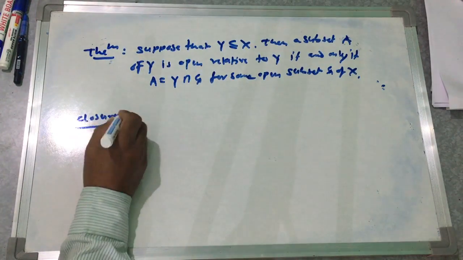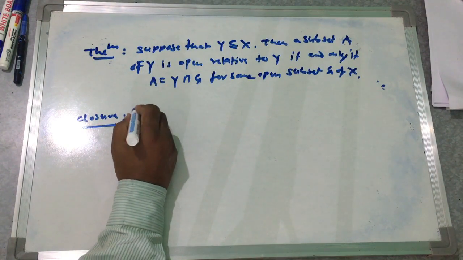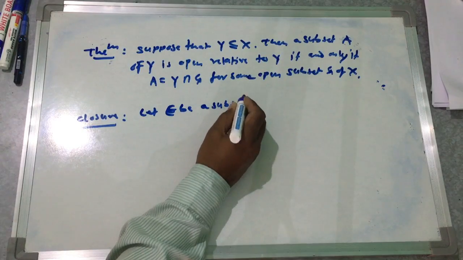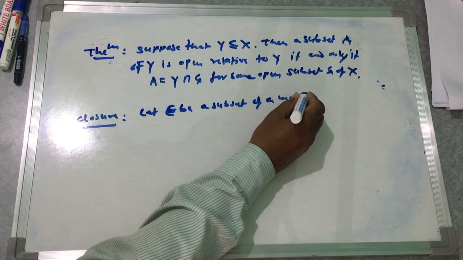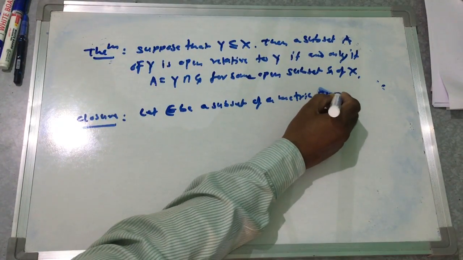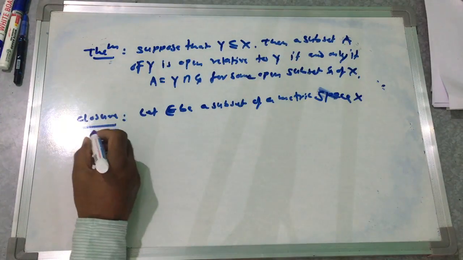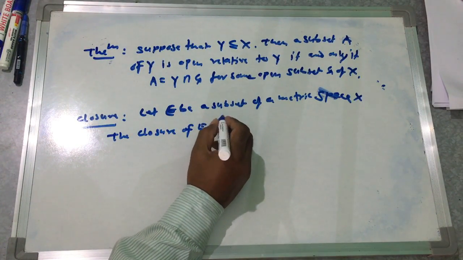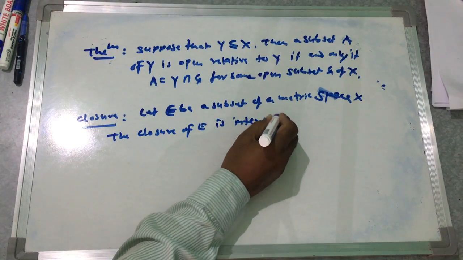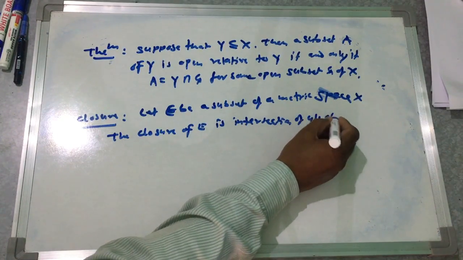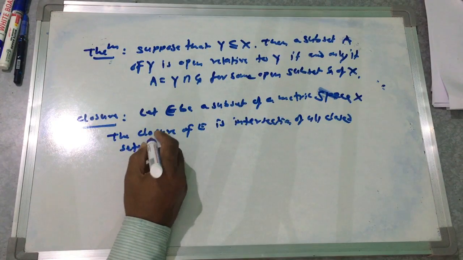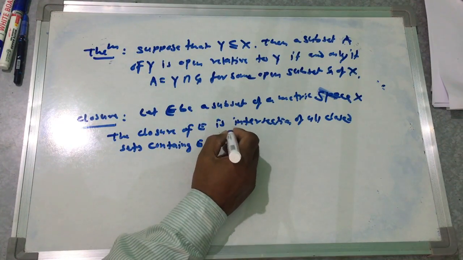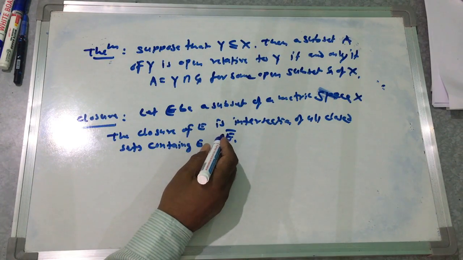Then closure. Let E be a subset of a metric space, and that is X. The closure of E is the intersection of all closed sets containing E. It is denoted by E with a bar over it.